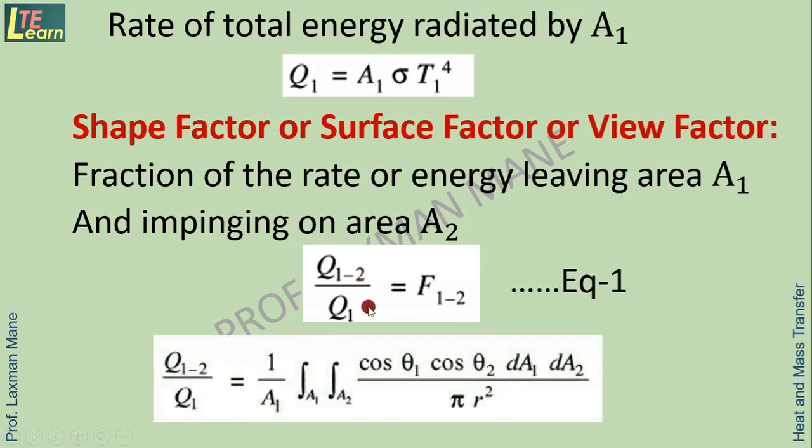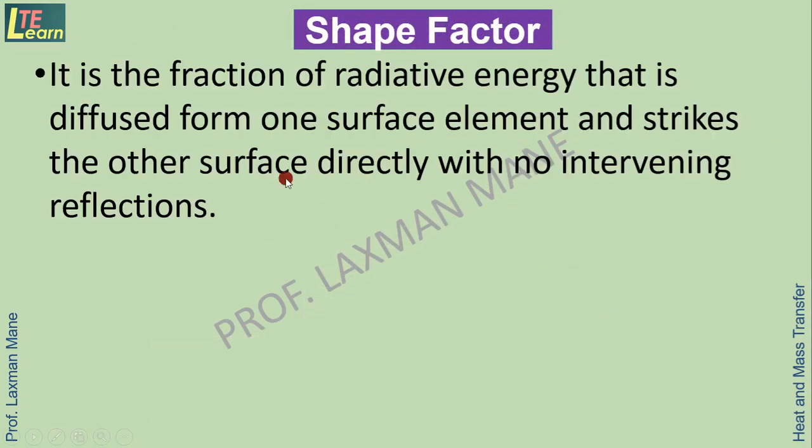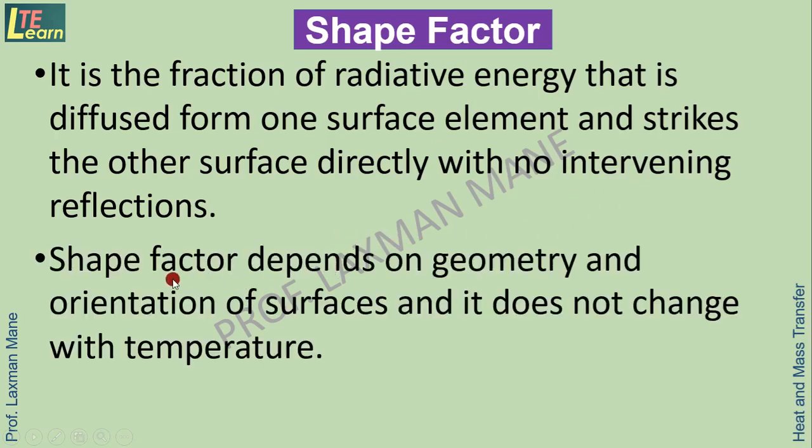So by this equation we can write the definition of shape factor: the fraction of radiative energy that is diffused from one surface element and strikes the other surface directly with no intervening reflections. The shape factor depends on the geometry of the body and the orientation of surfaces, and it does not change with temperature.